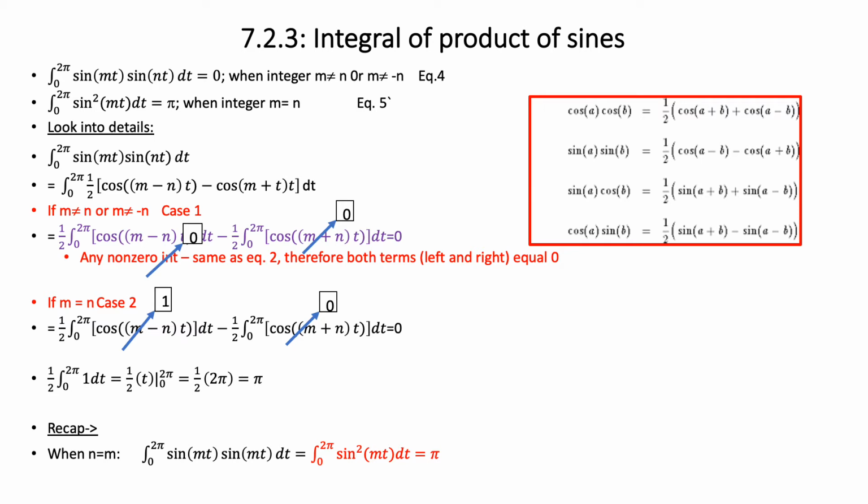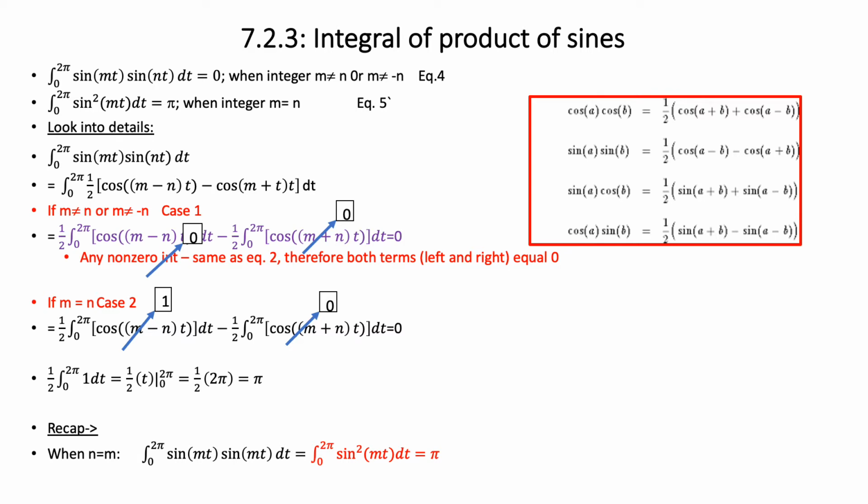For this integration, there are two possibilities, and I put them here as case 1 and case 2. Case 1, if m is not equal to n or m is not equal to minus n.